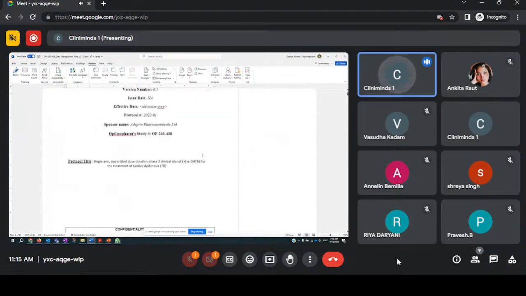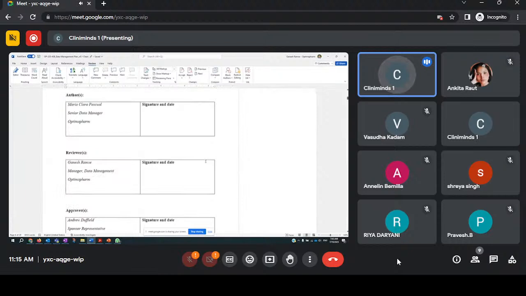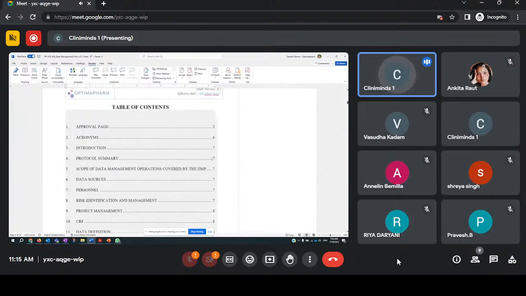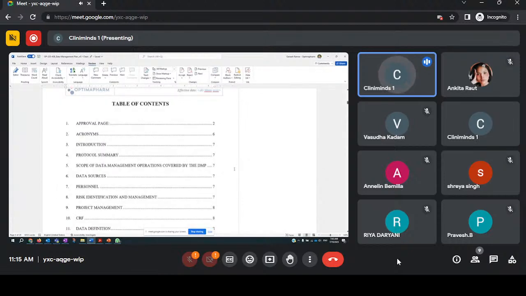DMP. Okay, so this is one of the data management documents, wherein you can see the table of contents, what it looks like at industry level, right? The very first thing is your approval page, right? The approval page is very important because the person who is drafting it, the author of the document, will have their name.